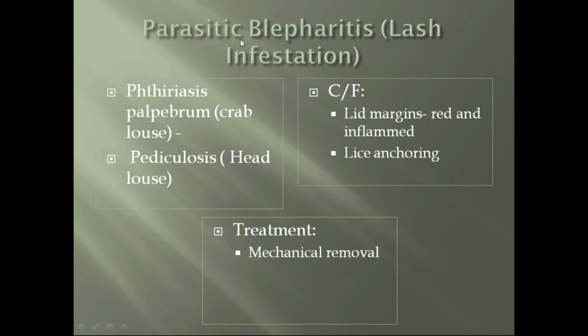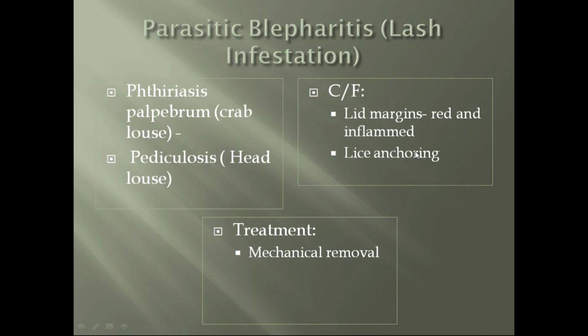Apart from that, last but not the least, we have something called parasitic blepharitis. These are lice. When lice are present along the eyelashes, you call it parasitic blepharitis. The causes are pityriasis palpebrarum and pediculosis. When these lice are present, they give rise to a lot of irritation along the eyelid margins.